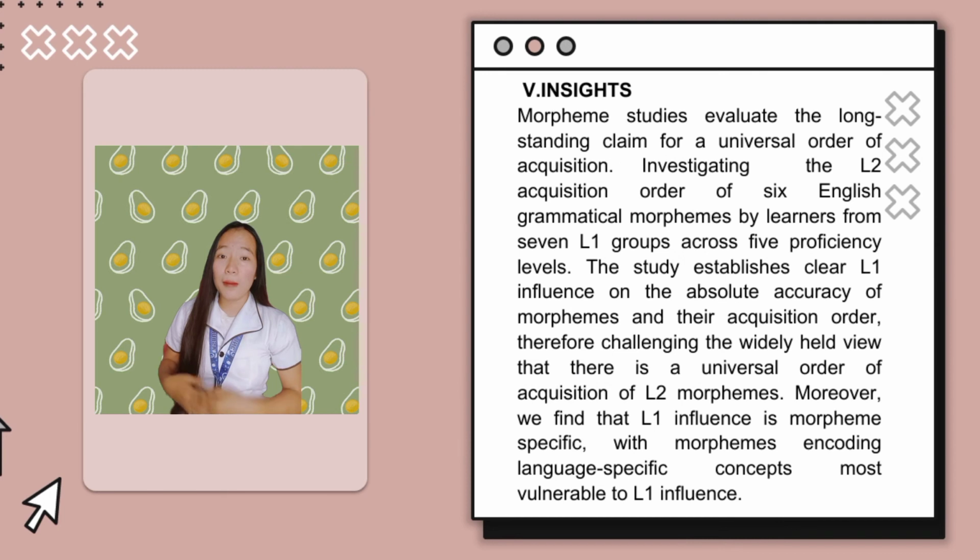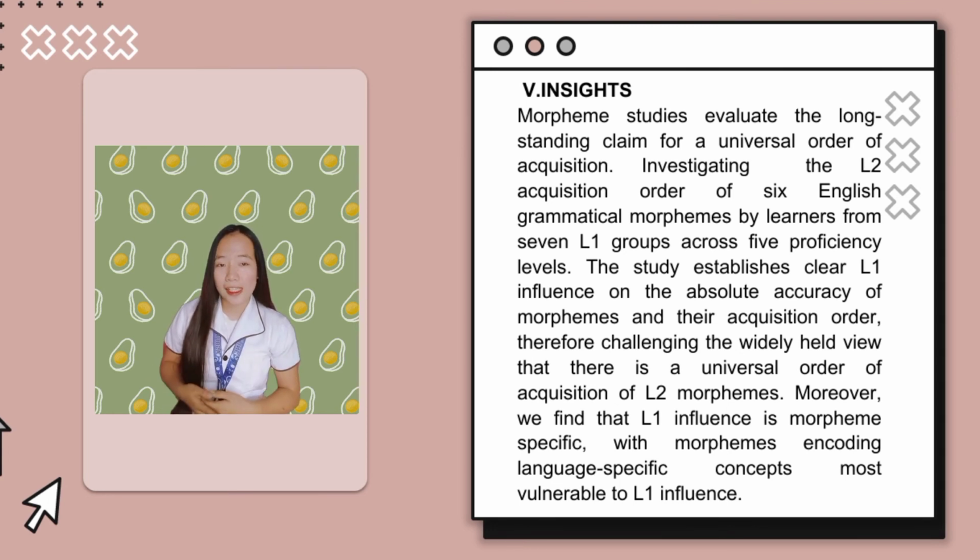All in all, morpheme studies evaluate the long-standing claim for a universal order of acquisition, investigating the second language acquisition order of the 6 English grammatical morphemes by learners from 7 first language groups across the 5 proficiency levels.